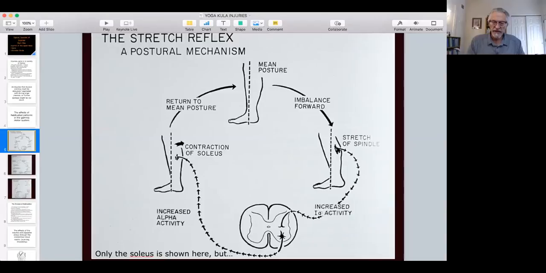And if they are stretched past the point of my stability and safety, they will send out a volley of nerve impulses that will attach themselves to reflex arcs into the muscles that ultimately control the strength of my soleus. And that will cause the soleus to contract and bring me back to mean posture so I don't fall forward.